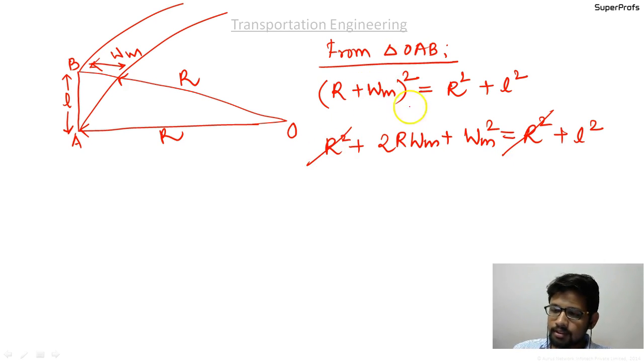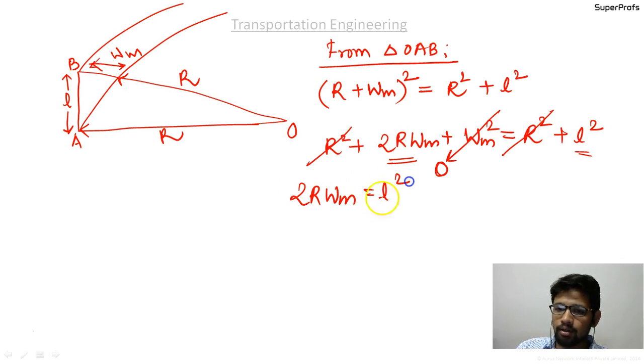Wm is very small, so Wm square will be again very small compared to R, so we cancel it to 0, and the two terms left give twice R Wm equals L square.